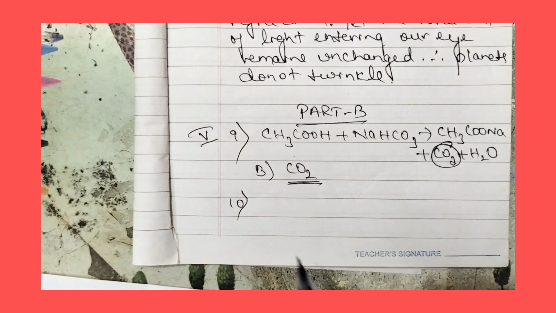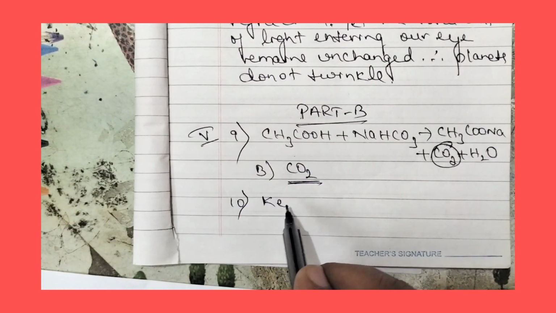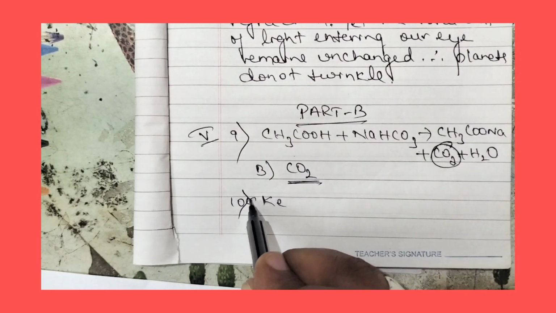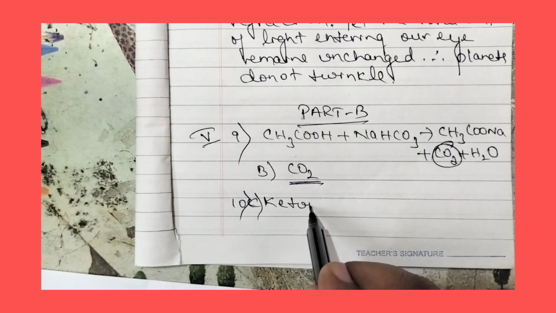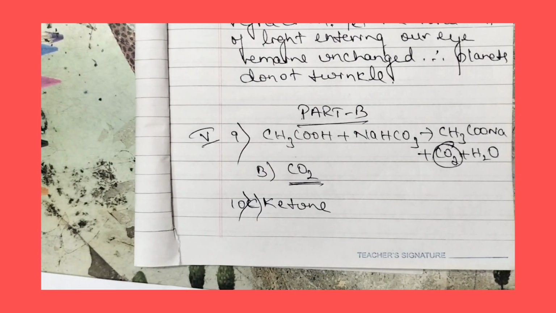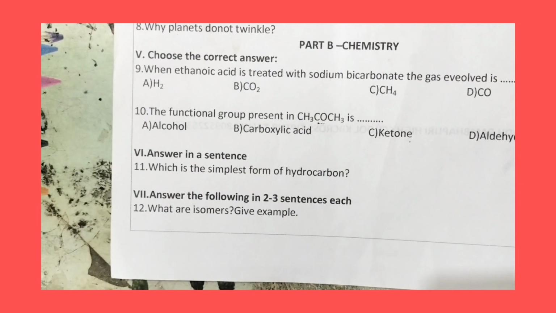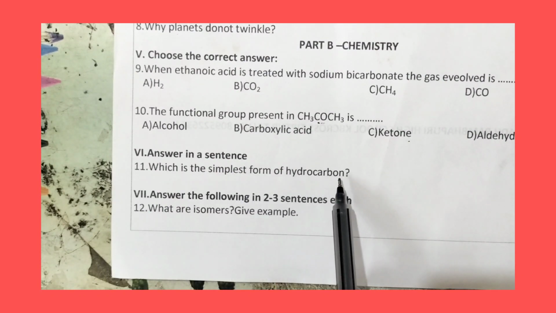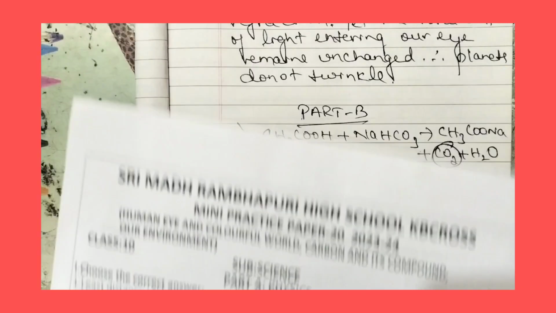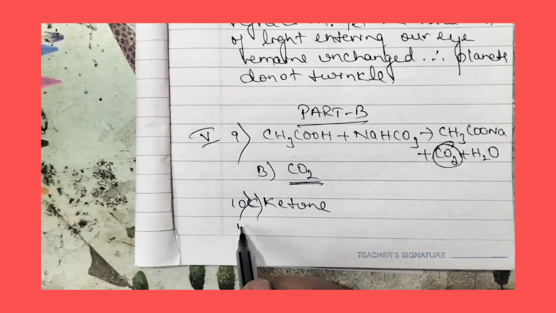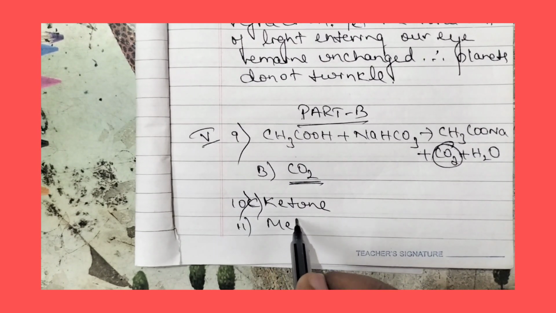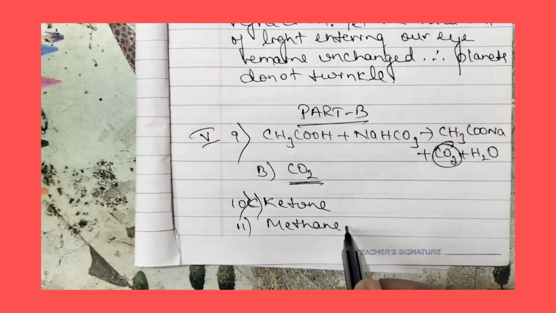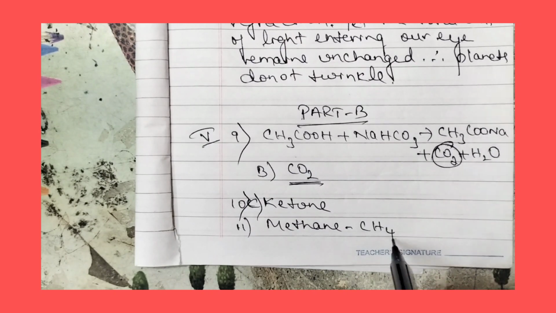So for the 10th question, the right answer is option C, ketone. Now let us move to question number 11. Which is the simplest form of hydrocarbon? The simplest form of hydrocarbon is methane.